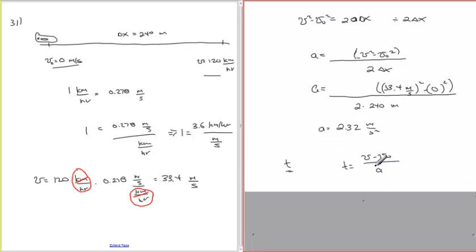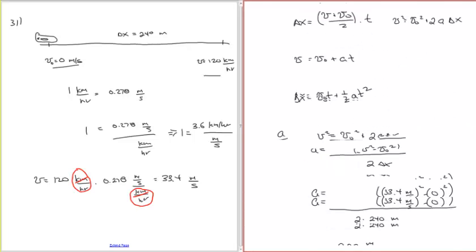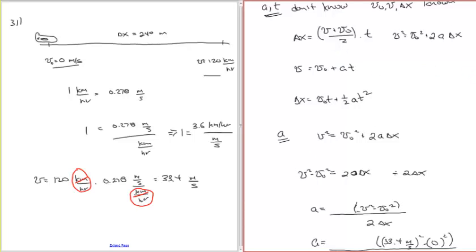Okay, so the time, now we can use any of the other ones to solve for time. This one's the simplest one, so I'm going to solve for time from the second equation, the one right there.